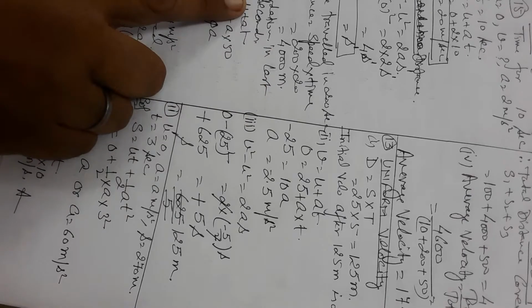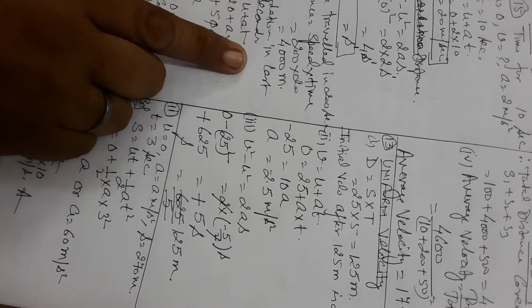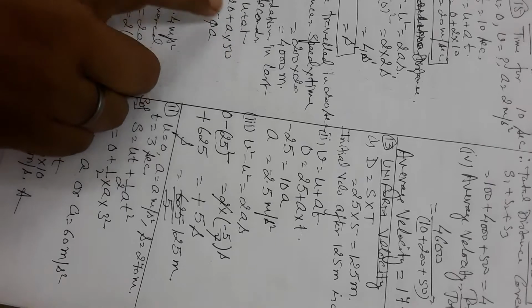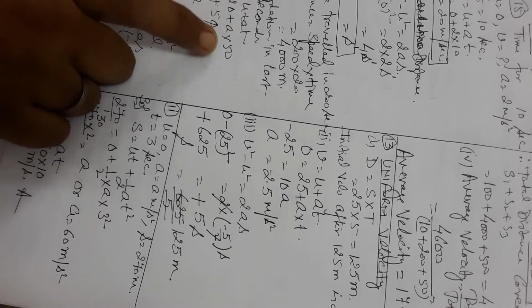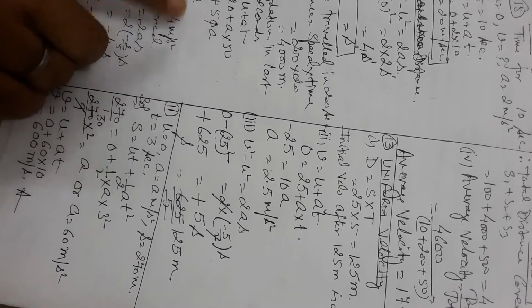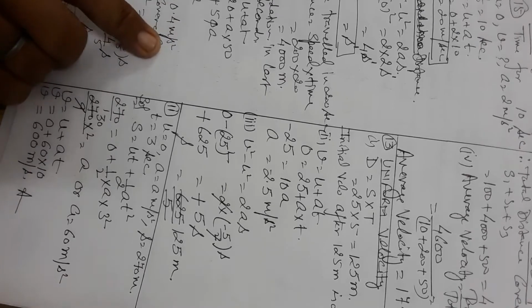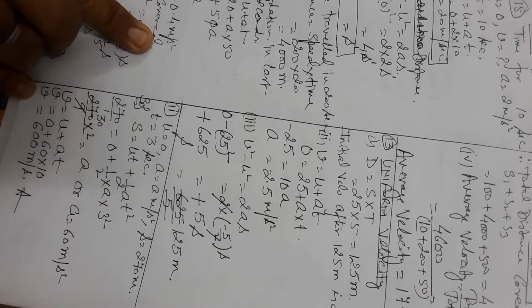Now brakes are applied and in 50 seconds the body comes to rest. Time 50 seconds. Brakes are applied means final velocity 0, initial velocity 20. Calculate a in 50 seconds. a comes as minus 0.4 meter per second square. So the retardation is 0.4 meter per second square.